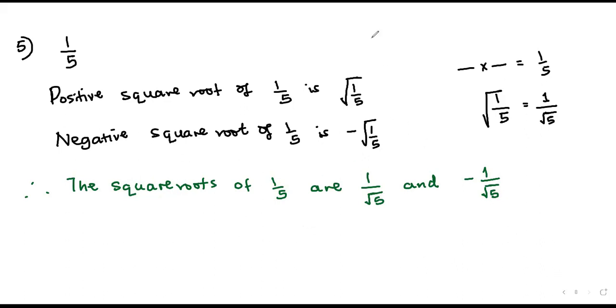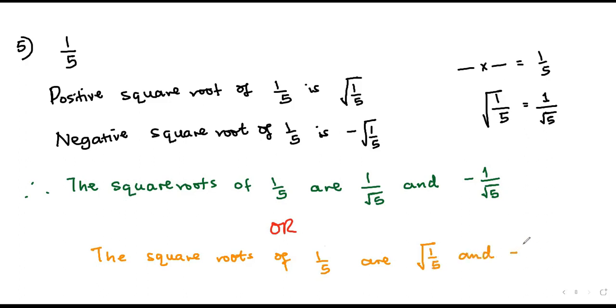So we can say that the square roots of 1 out of 5 are the square root of 1 out of 5 and negative square root of 1 out of 5. Still, this is okay.